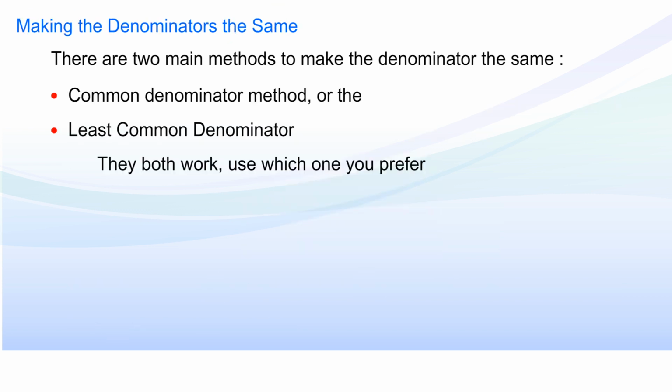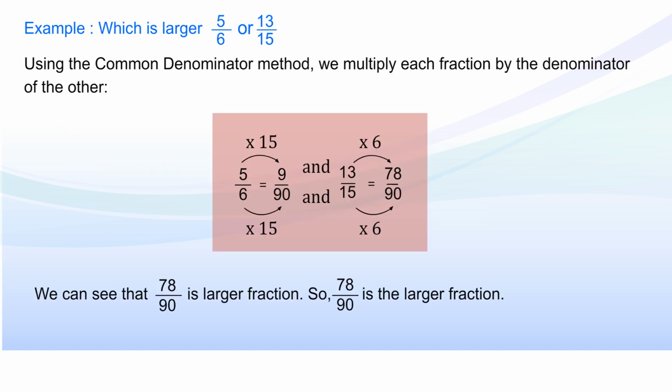Making the denominators the same. There are two main methods to make the denominators the same: the common denominator method or the least common denominator method. They both work. Use whichever one you prefer. Example: which is larger, 5 by 6 or 13 by 15?